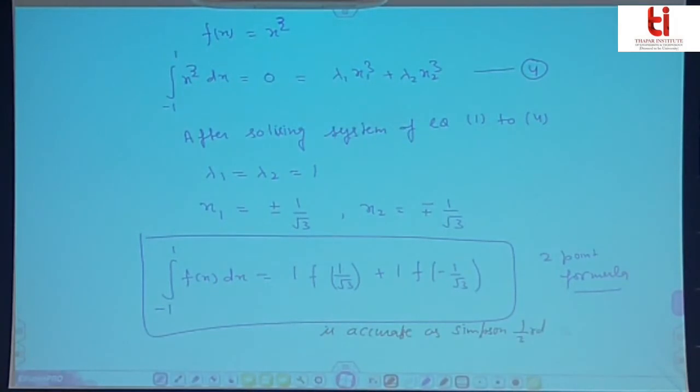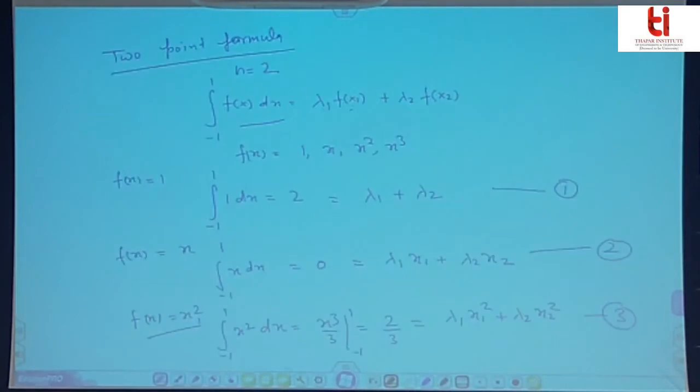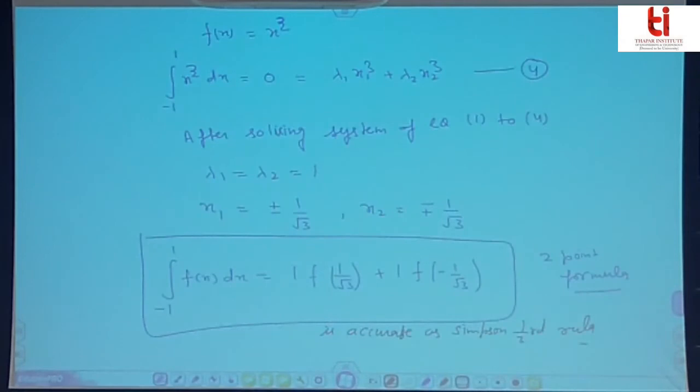1/3, because this formula is exact whenever we choose the function from 1, x, x square, x cube. So this formula is exact up to a polynomial of degree 3. Simpson 1/3 is also exact for a polynomial of degree 3.